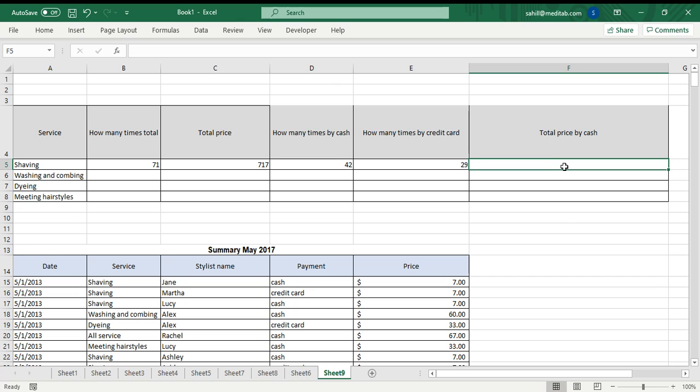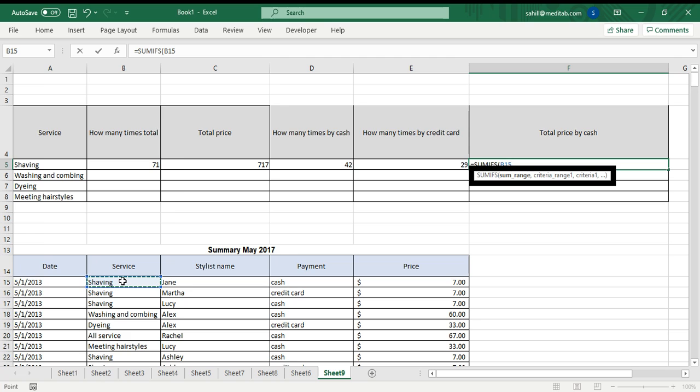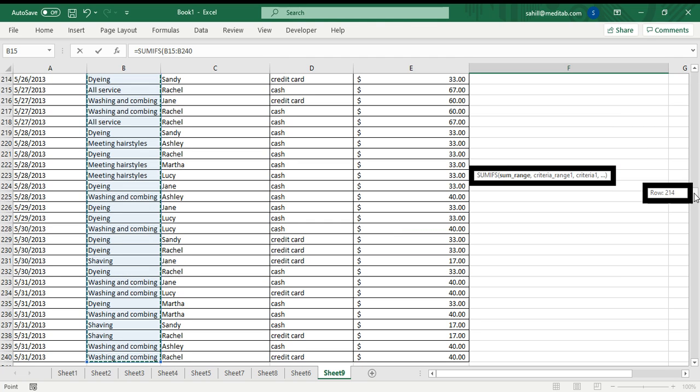And now it is total price by cash. Shaving should be the criteria, and total price is a sum, and it should be cash. So shaving is one criteria, cash is one criteria, meaning two criteria in total. Now what operation do I have to perform? Total means sum, two criteria means SUMIFS, and I'm selecting this range.